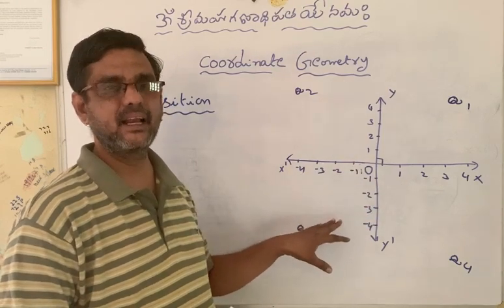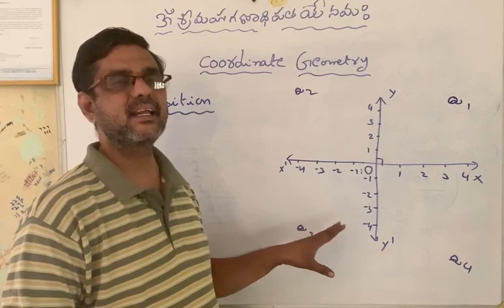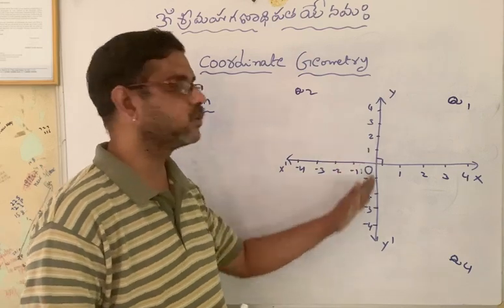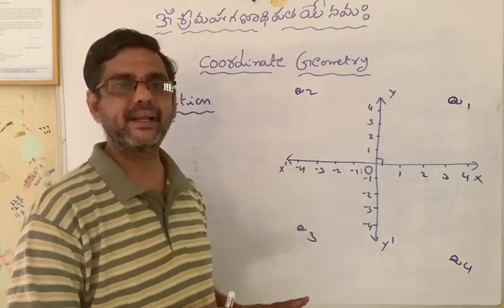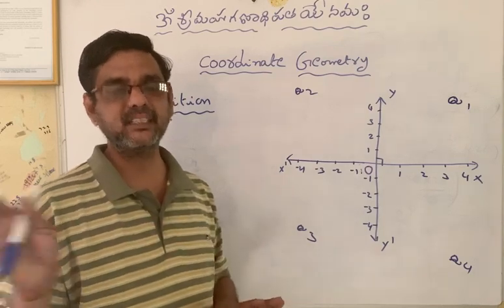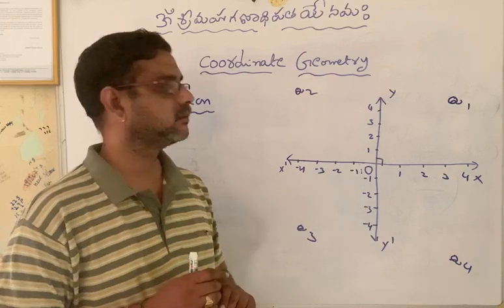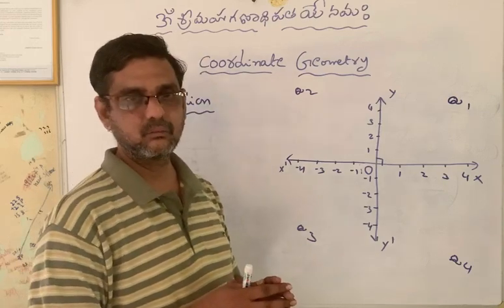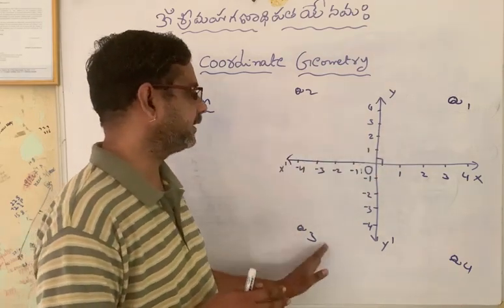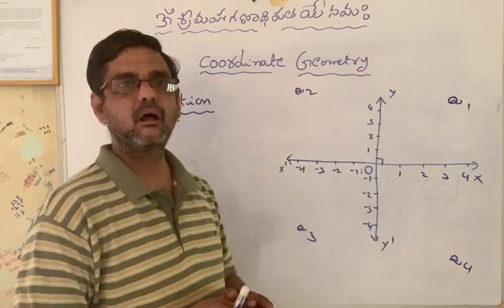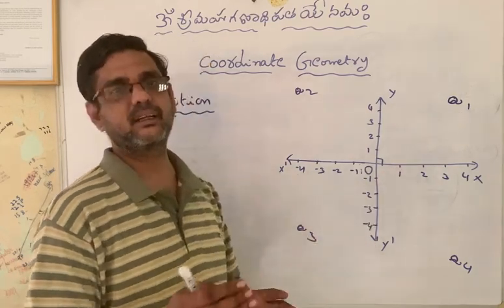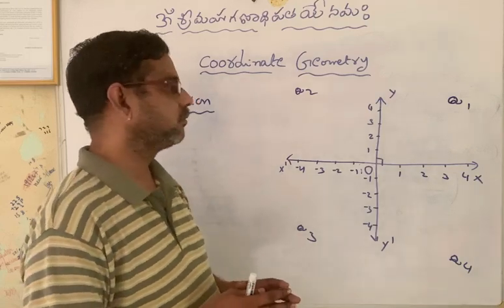If I say more clearly, a plane consists of an infinite number of points in it. When we draw two lines like this, all those points are divided into two sets of points. One, the points which are in quadrants 1, 2, 3, 4.